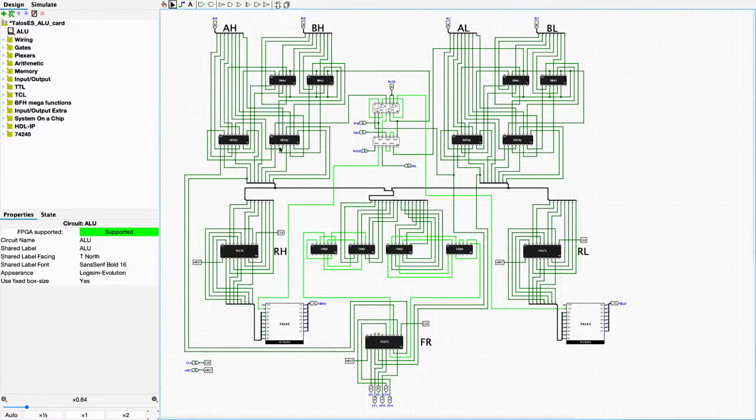So when we are executing one instruction here in the ALU, the registers A high, B high, A low, and B low will have certain contents, the operands of the computations that we want to execute in this one cycle of the execution stage.